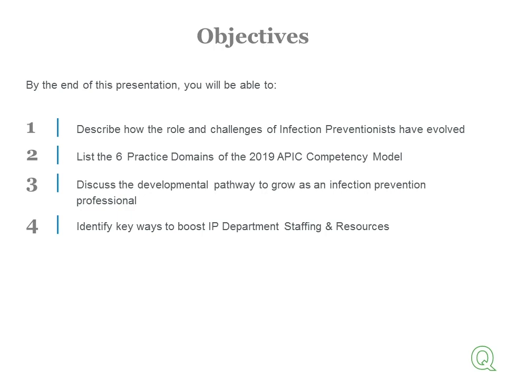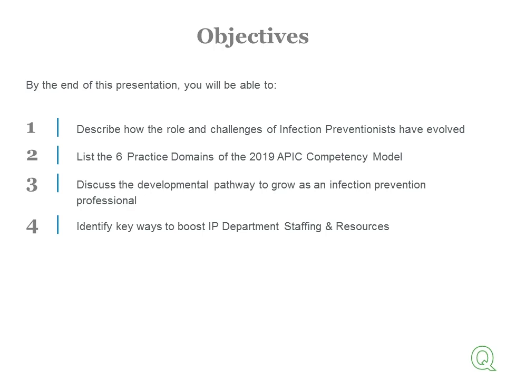We are looking at the objectives here, and by the end of today's presentation, you'll be able to list external factors which have contributed to the expanding infection prevention role, describe how CBIC has contributed to defining the expanding role, list the 6 practice domains of the new 2019 APIC competency model and their relationship to advancing your skills as an infection preventionist, and plan next steps that you or a fellow infection preventionist, which you may be mentoring, can take to advance professionally. Lastly, you'll be able to identify ways to innovate and boost your infection prevention resources.